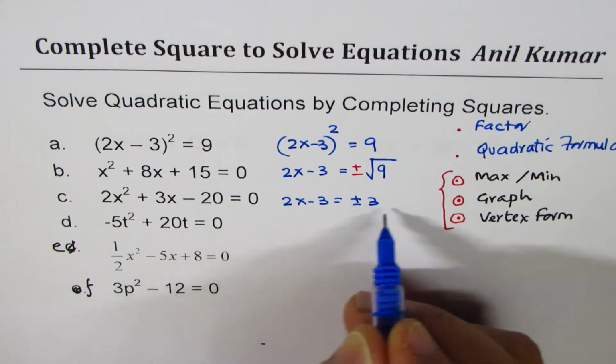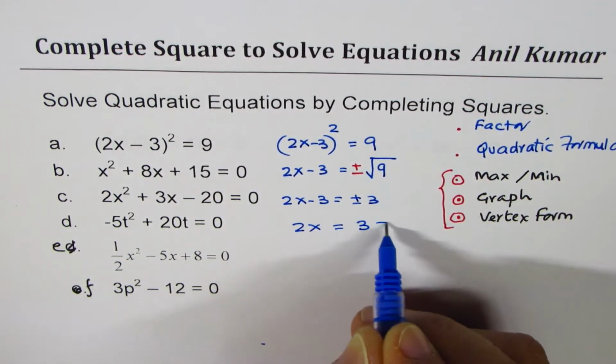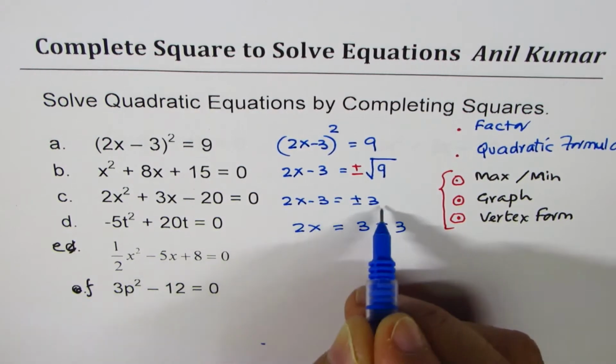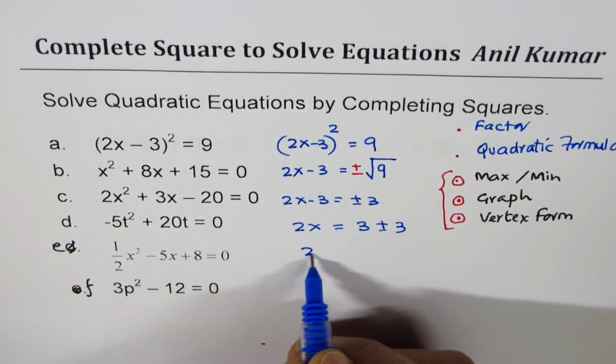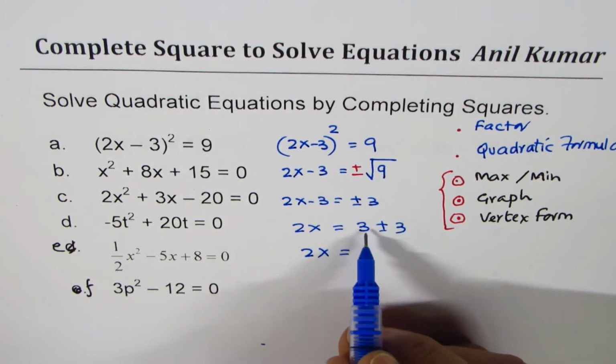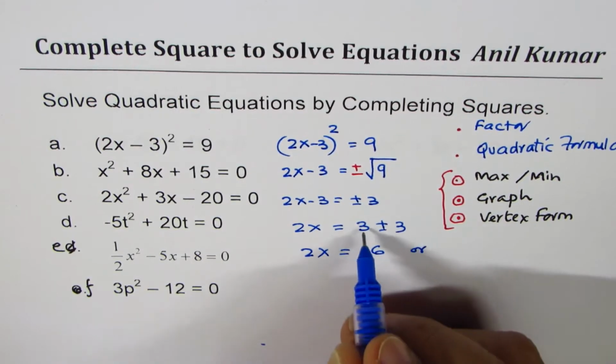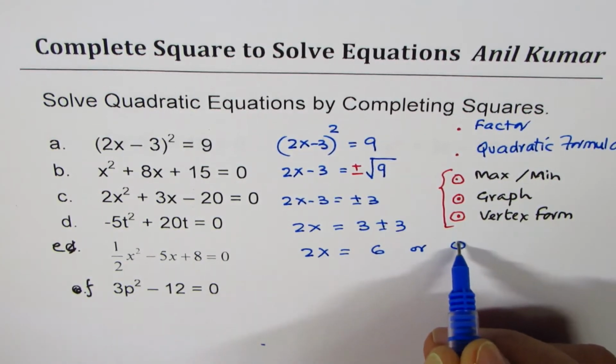Now you can add 3 to both sides. So we get 2x = 3 ± 3. So we added 3 on both sides, and that gives you two answers. Either we get 3 + 3, which is 6, or we get 3 - 3, which is 0. Do you see that?